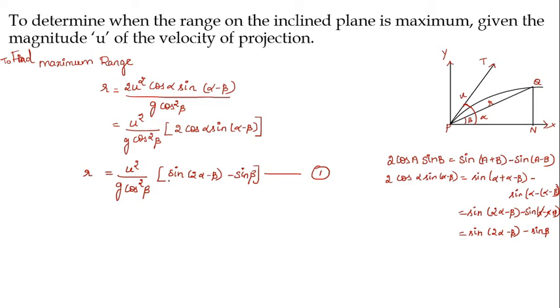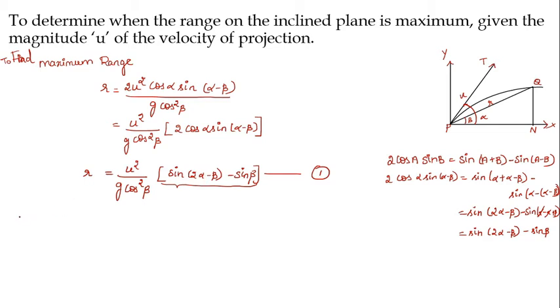When will sine of (2 alpha minus beta) minus sine beta be maximum? Only when sine of (2 alpha minus beta) is maximum. Once again, R is maximum only when this term is maximum, and this term is maximum only when sine of (2 alpha minus beta) is maximum. Sine is maximum only when the angle is 90 degrees.